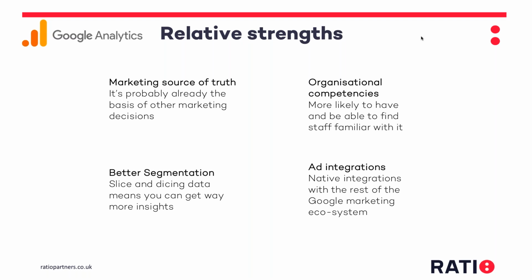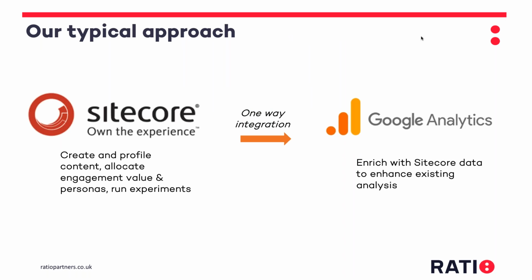Particularly because Google Analytics has these amazing segmentation abilities, what we normally suggest from an integration point of view is that we get all of that fantastic information that Sitecore is capturing about each visitor, or will be once you implement the necessary features from a marketing point of view.